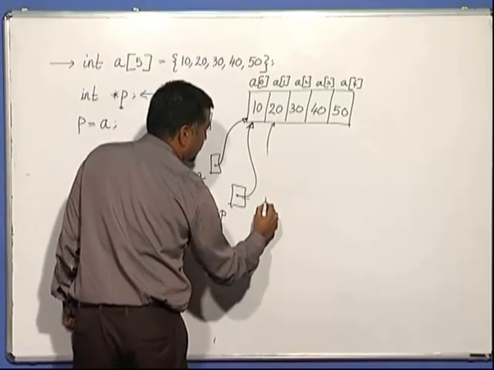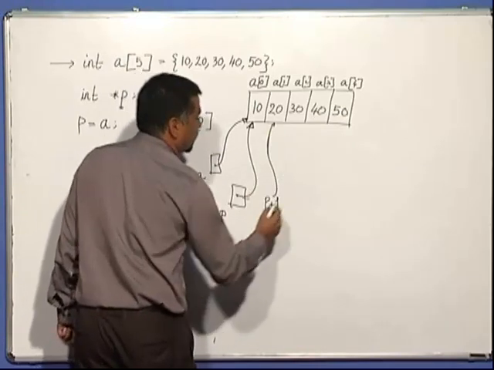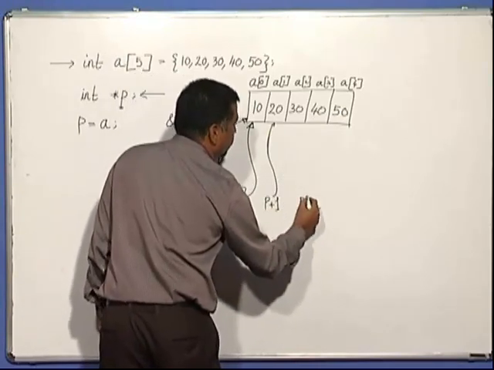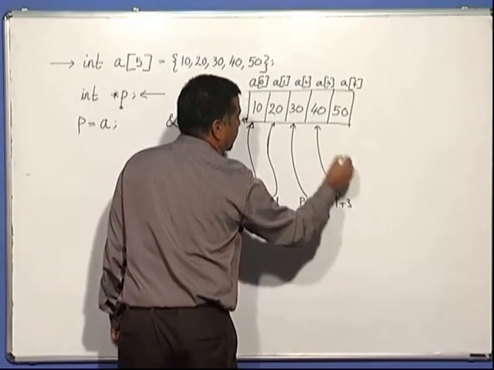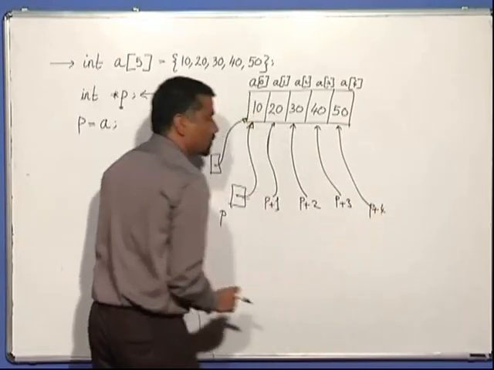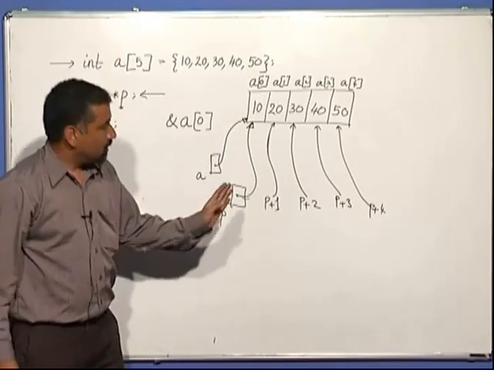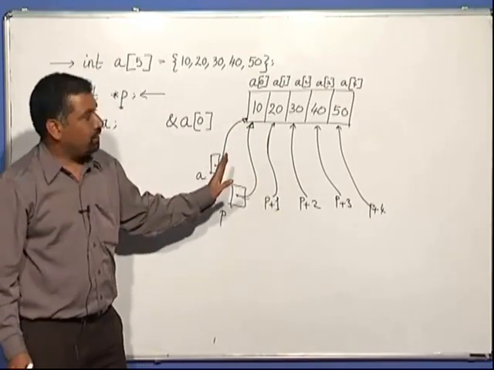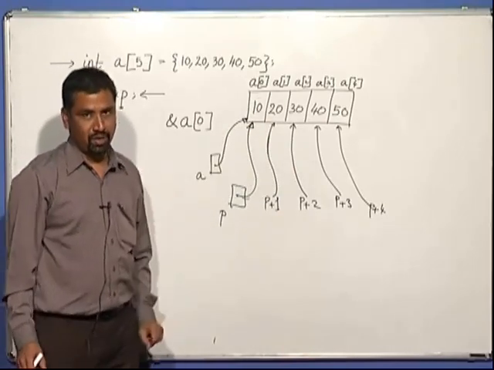P plus 2 will point to this, P plus 3, and this is P plus 4. So, once we have a pointer pointing to some element, plus 1, plus 2 will always point to the next element, next element, and so on and so forth.